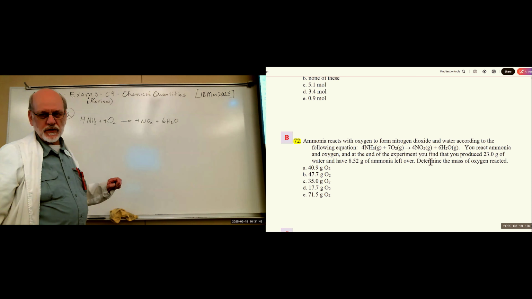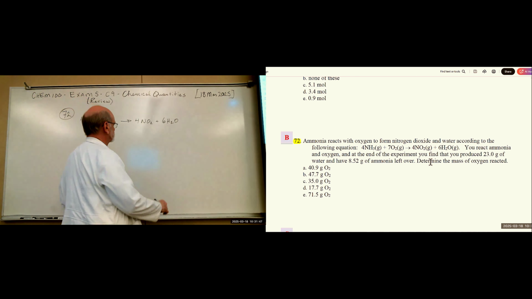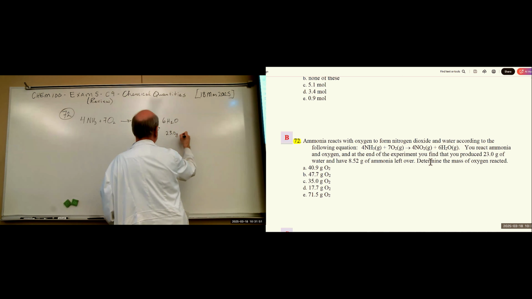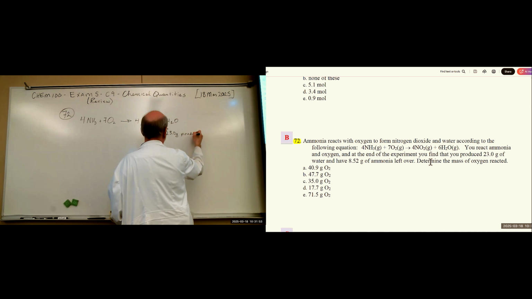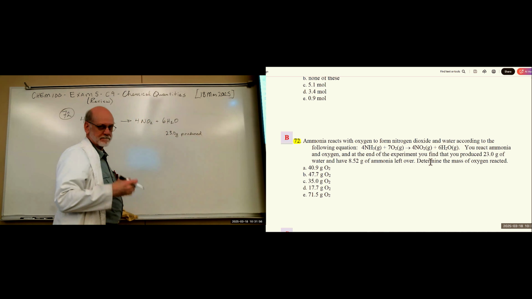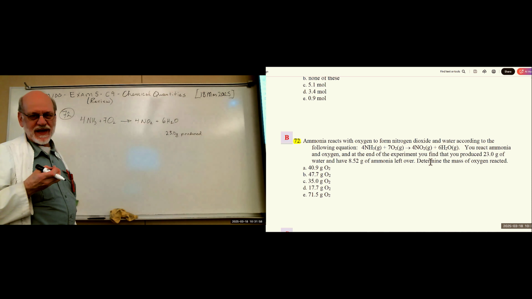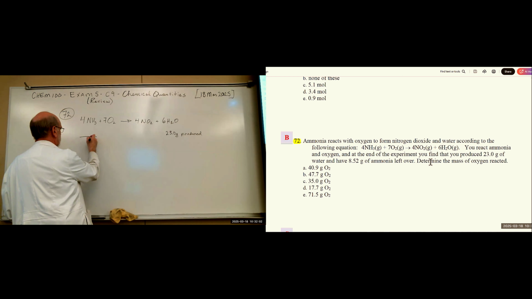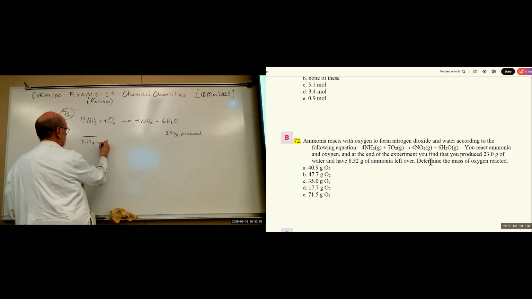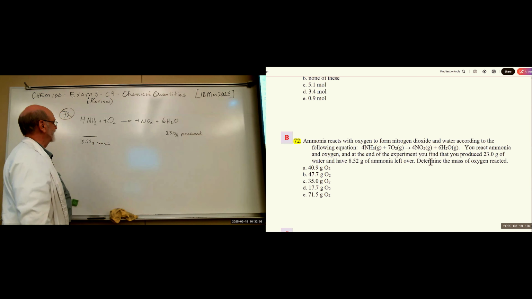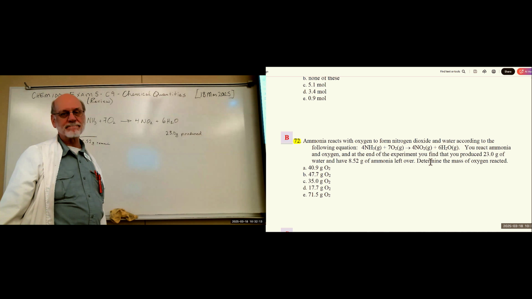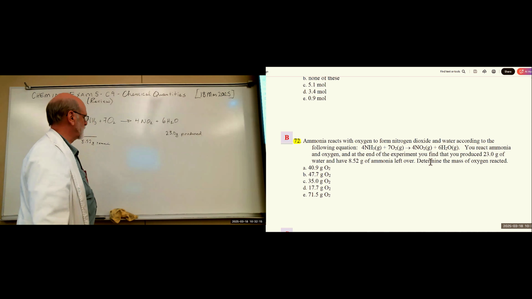You produce 23 grams of water. 23 grams produced. And have 8.52 grams of ammonia left over. 8.52 grams remaining. Okay. What's the mass of oxygen reactant?